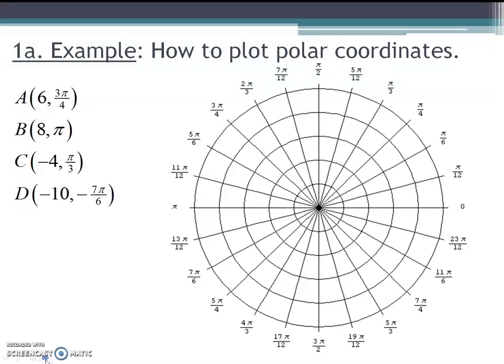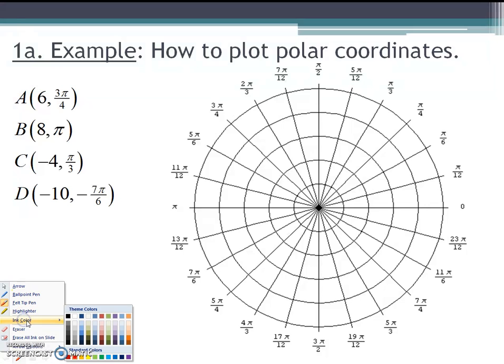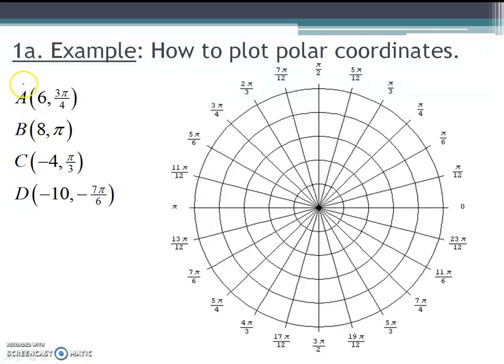So we're going to plot these four polar points and discuss how to actually plot them. The concentric circles are what are actually going to give us our length scale. We see we're going to do a 6, an 8, a 10, and we only have 1, 2, 3, 4, 5 concentric circles.